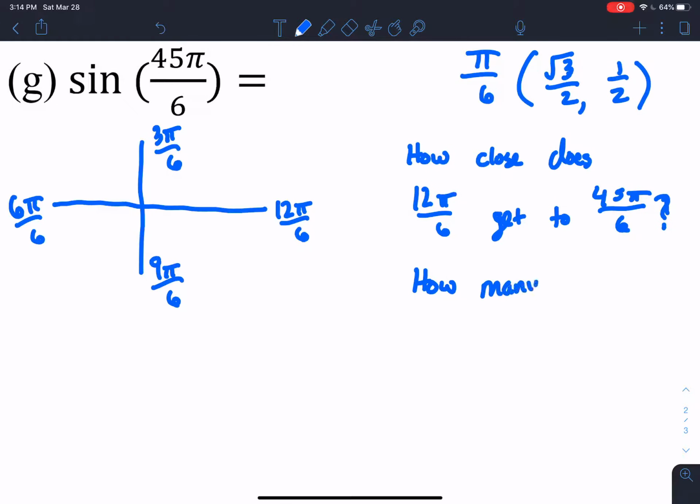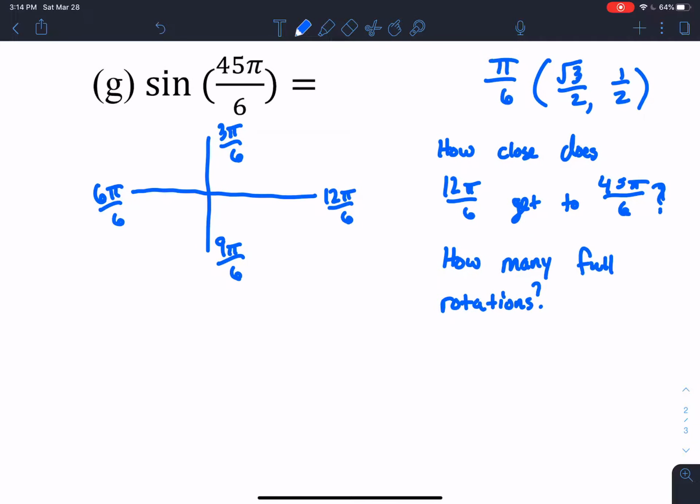If you go around 3 times, you want to make sure you don't go over 45 pi over 6. If you go around 3 full times, 12 pi over 6 times 3 is 36 pi over 6.